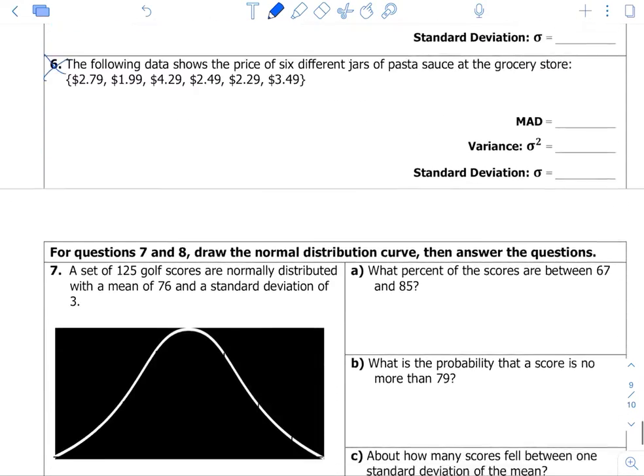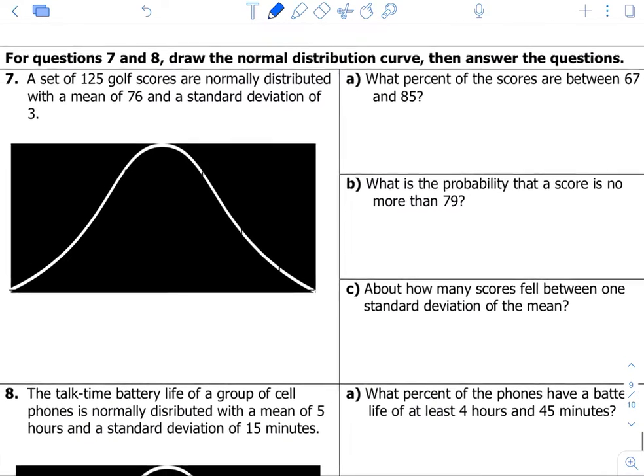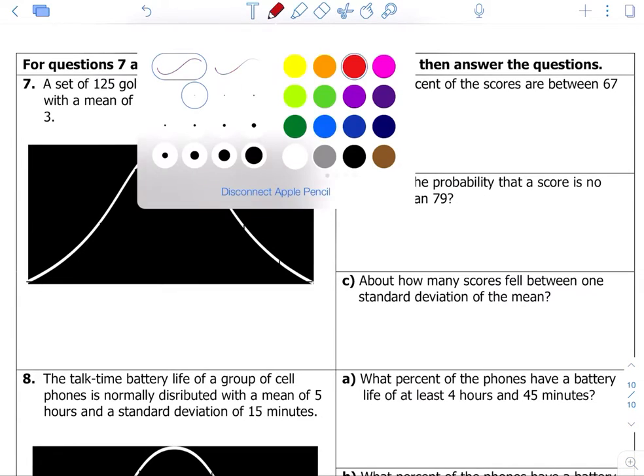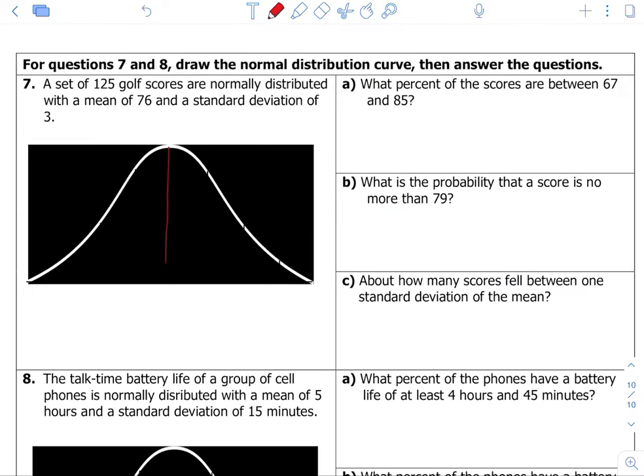Alright, moving on. Okay, so now we have this, okay? So, using your empirical rule, right? This was also from your notes. There's this center, this first standard deviation. Here's the second standard deviation. And here's the third standard deviation away from the mean.